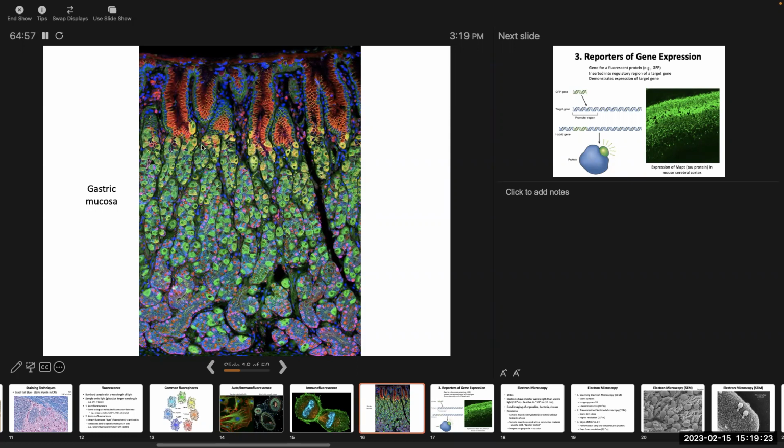And you see there's even differences in the expression of different proteins. The deeper you go into the gastric mucosa, you're getting a lot more of these bright pinks and stuff, indicating the expression of different proteins at different levels. But it gives you a great view of the cellular structure of the gastric mucosa.